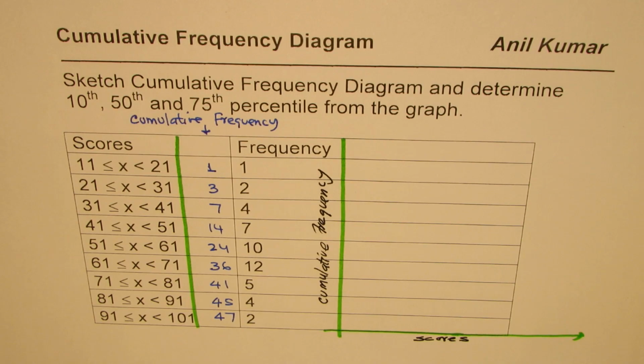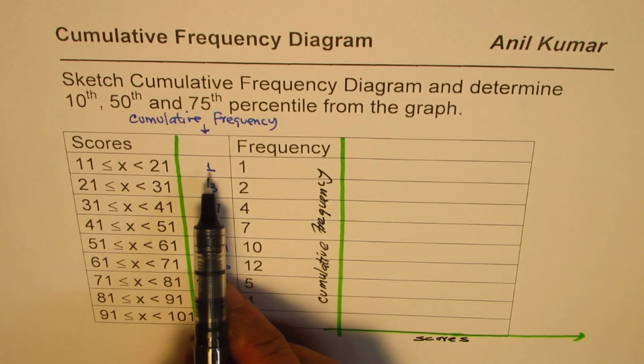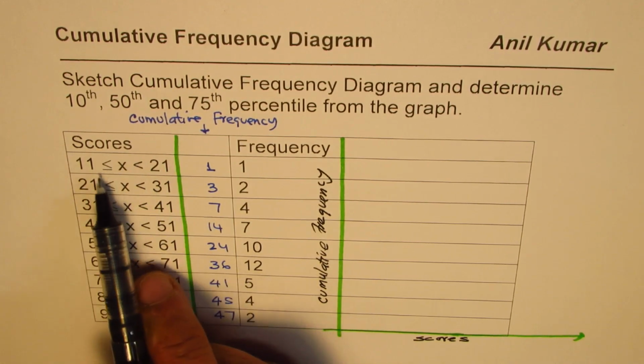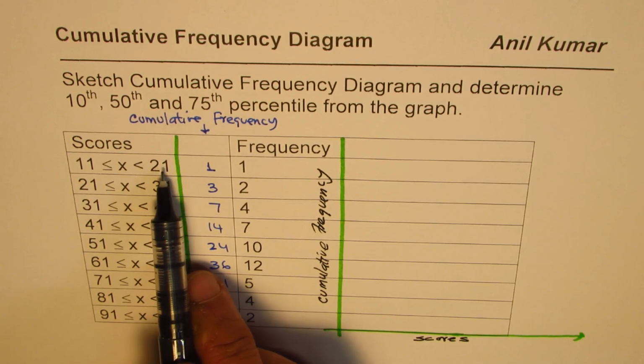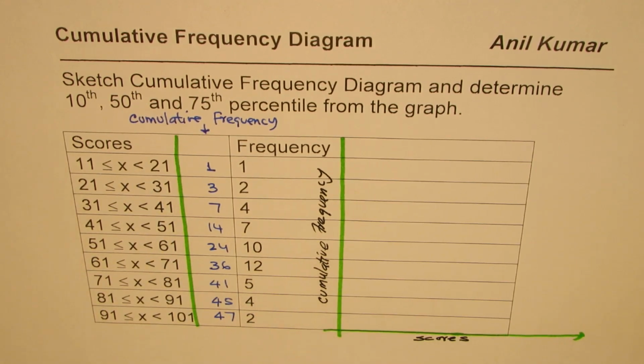Now when you are plotting cumulative frequency, in that case our first coordinate point is 20, 1. We are always looking at the uppermost limit. So in this case 21 is not included, 20 is included, correct? So our first point will be 20 on the x-axis, correct?